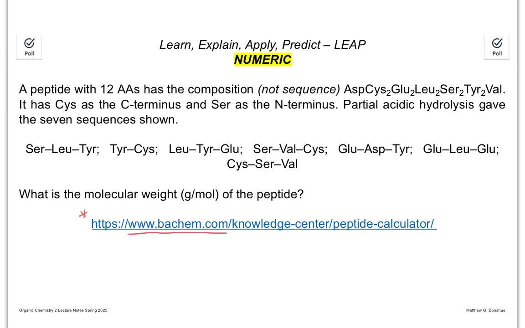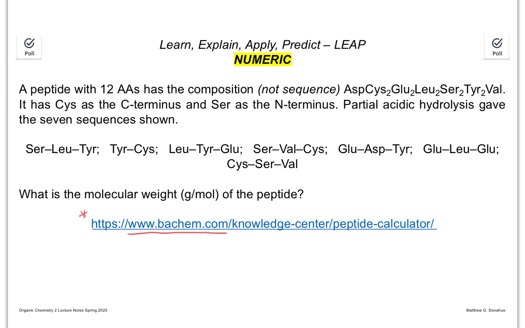You're going to enter the amino acid sequence either in the 3-letter abbreviation or the 1-letter abbreviation. Pick the appropriate nature of the N terminus and the C terminus, so those will occur in little drop-down boxes you'll select. And then what's the value of the molecular weight? What does it calculate to be?